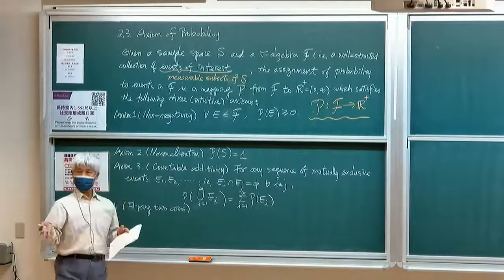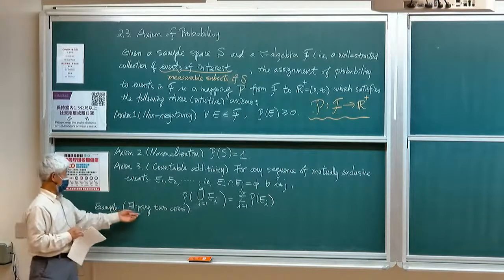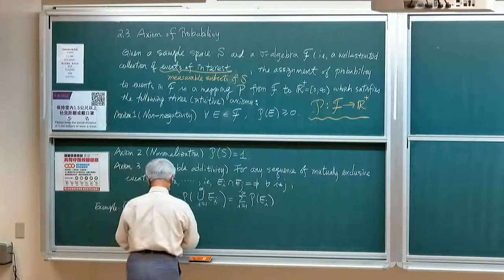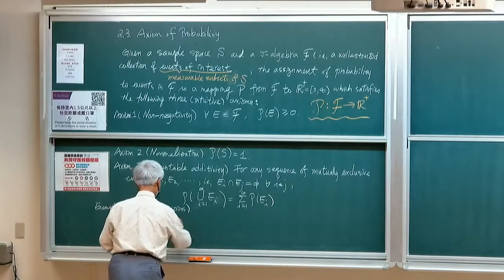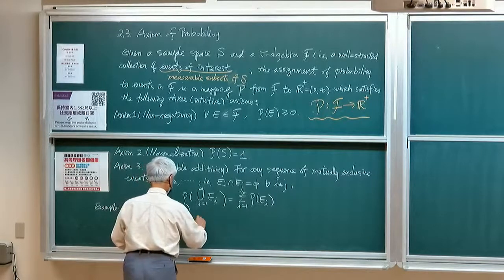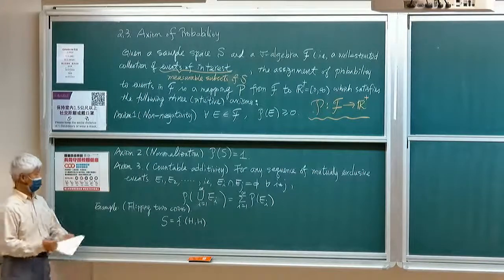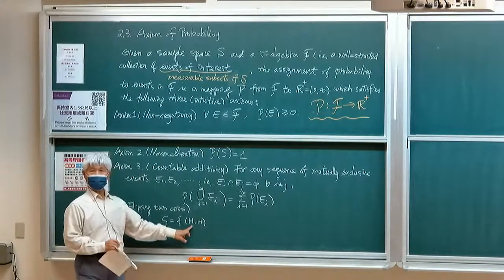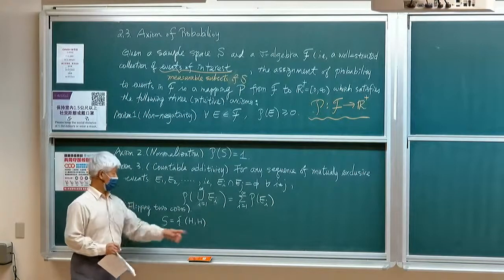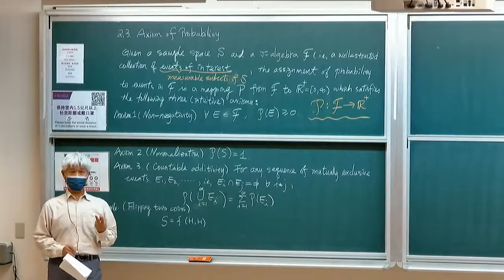So what are the possible outcomes of this random experiment? So what is the sample space? Well, the sample space can be represented by a pair. This is the face of the first coin, and this one is the face of the second coin, because we have two coins, right?